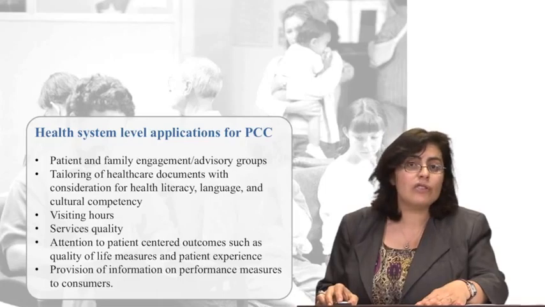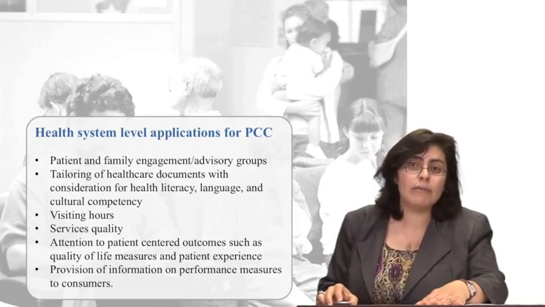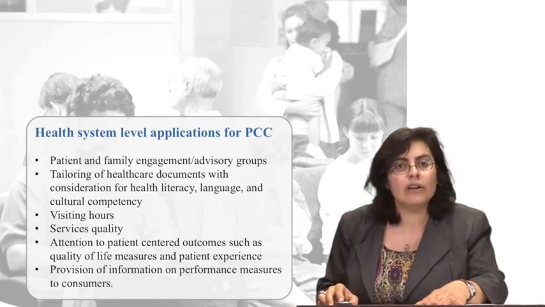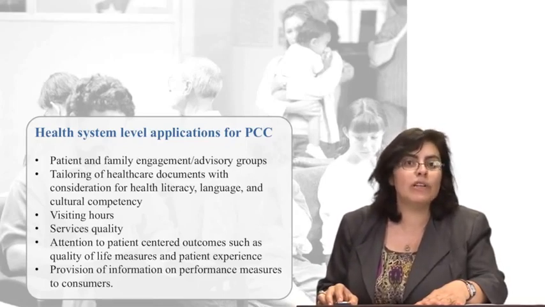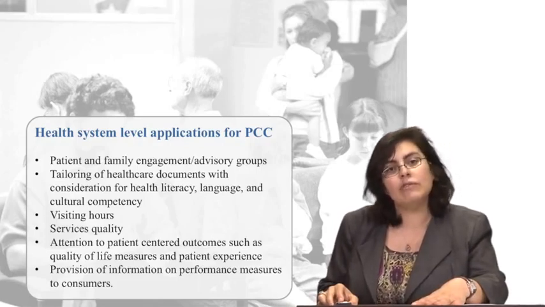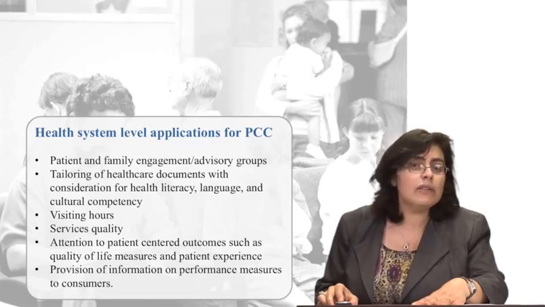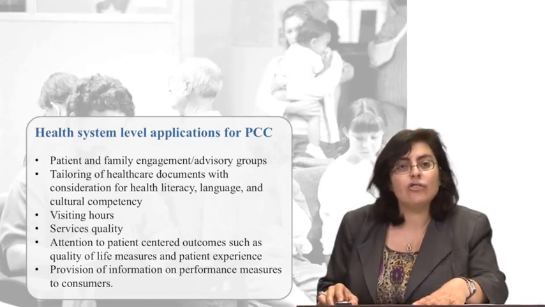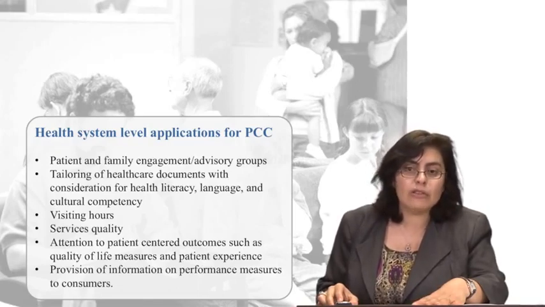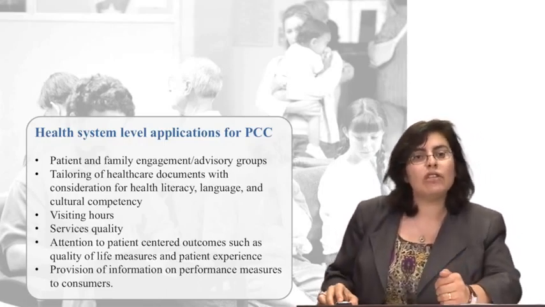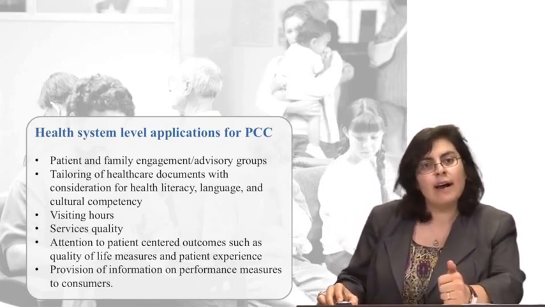A lot of conversations about the need to engage patients and families, and develop advisory groups within each hospital that advise the hospital on how to make their system more patient-centered. There have been conversations on how healthcare documents need to be tailored for the needs of patients: patients who have difficulty reading, patients who have problems speaking a particular language, cultural competency, addressing the needs of patients and communicating with patients from different cultural backgrounds.